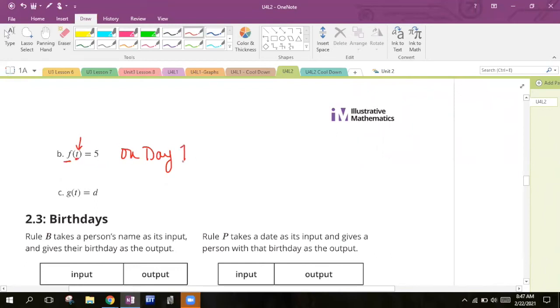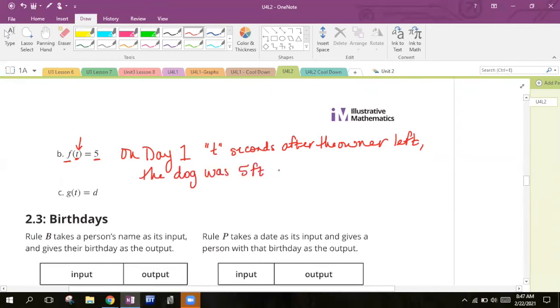On day 1, T seconds after the owner left, what do we know? The dog was 5 feet from the post.